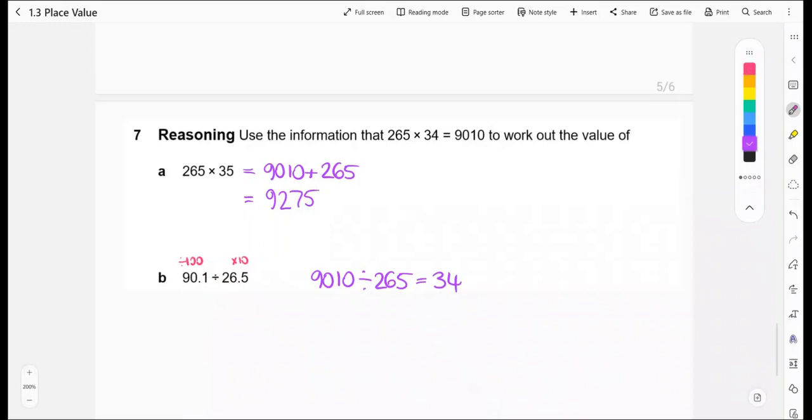So that means 90.1 divided by 26.5 will equal 34 divided by 100, which is 0.34. However, before I start writing 0.34, I have to then appreciate that I'm actually dividing by a number 10 times less. So I multiply that answer by 10. So it becomes 3.4.